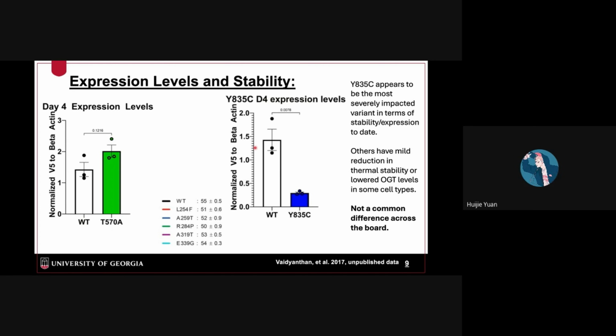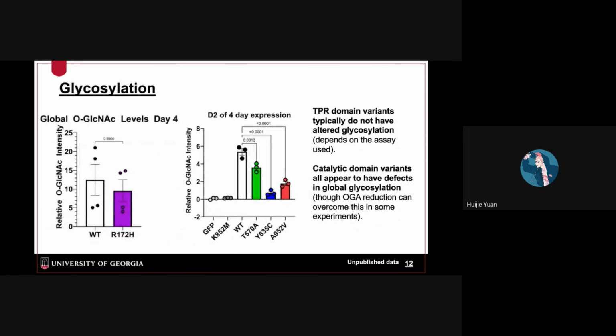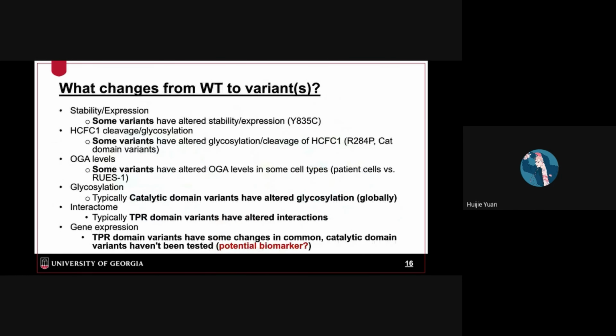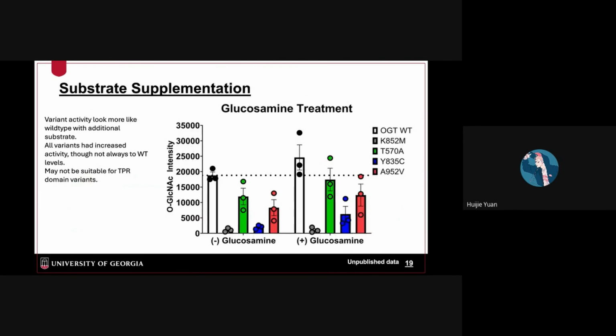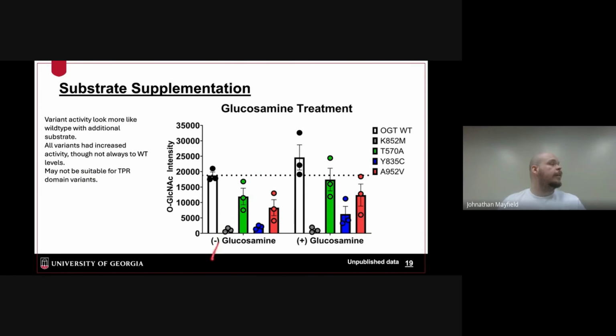Maybe another question. Sorry. When you tested glucosamine on the different OGT variants, did you use the CRISPR generated cell line, or just the overexpression and tested the glucosamine? Overexpression. So we've got our wild type, our variants without the treatment. So just normal media, our kind of baseline.